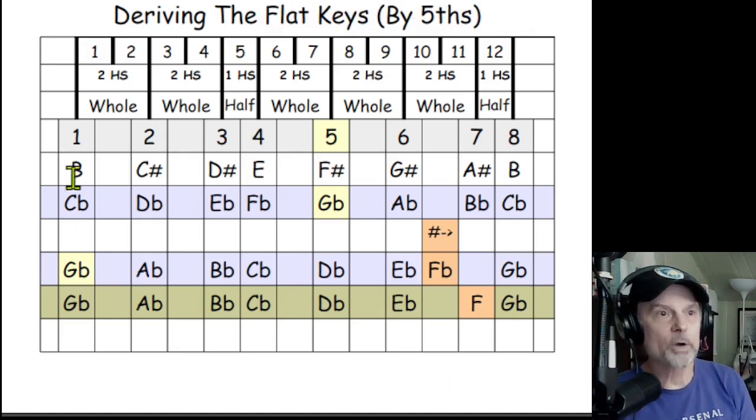Let's go back to our key of B and remember that it is an enharmonic key. So we're going to write down below it C flat. And we're going to find out its flat is G flat. Now remember, C flat has 7 flats.